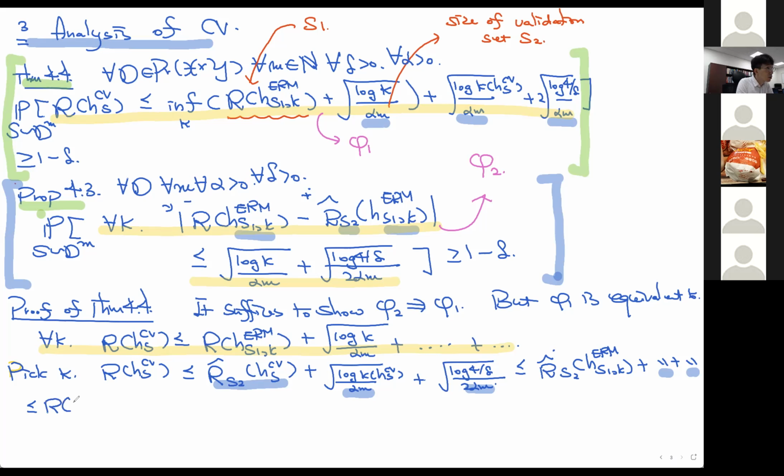This is bounded above by R_S1,k ERM plus log k alpha n, plus log 4 over delta alpha n.